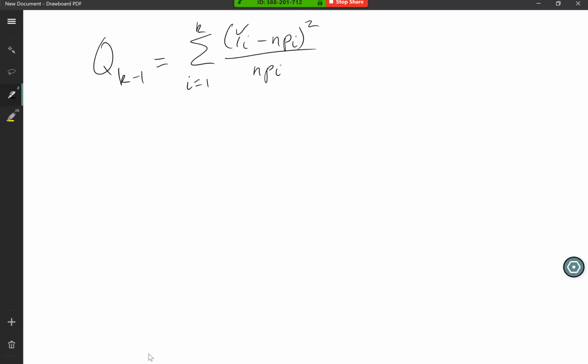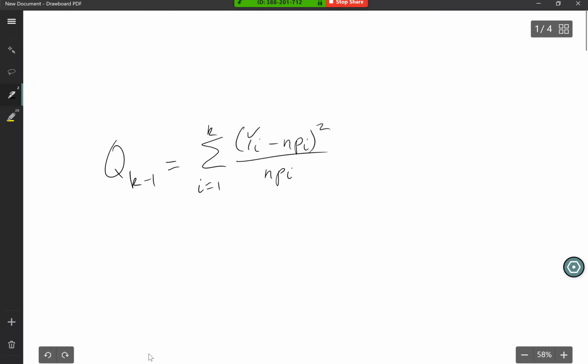We're adding all of those up, and the derivation that I gave you in the video was to show you that you split it into these pieces, and you can rearrange it to where it looks like this format. If these probabilities really are assigned the way they're supposed to be assigned, then this variable should be approximately a chi-squared with k minus 1 degrees of freedom.